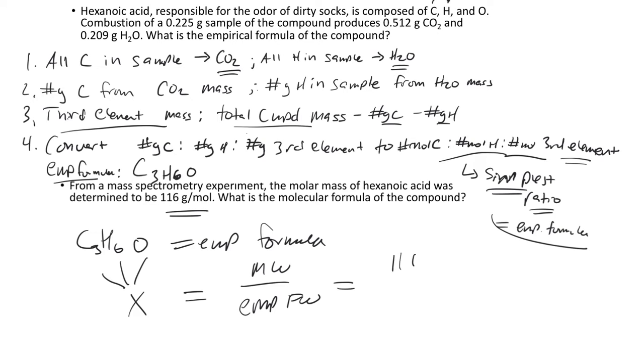And so our molecular weight's 116 grams per mole, and we would just add up the grams per mole of 3 carbons, 6 hydrogens, and an oxygen. So 12.01 times 3 for carbon, plus 1.008 times 6 for the 6 hydrogens, plus 16 is 58 grams per mole.